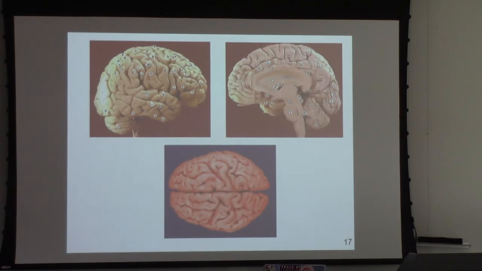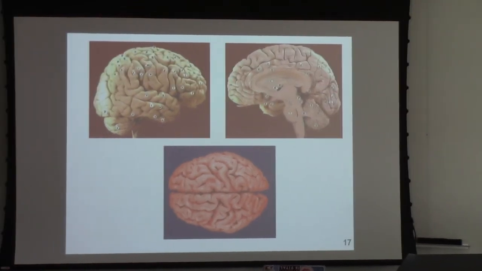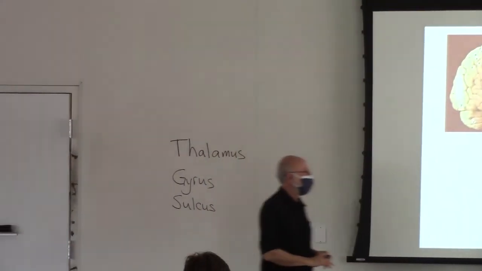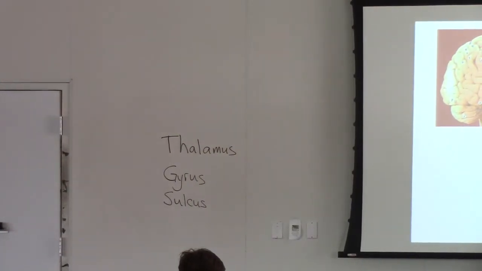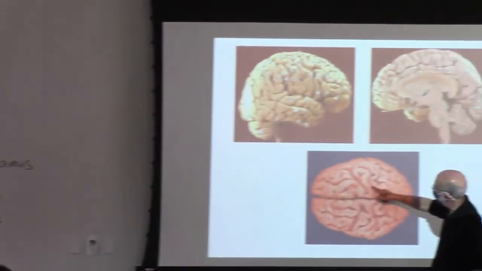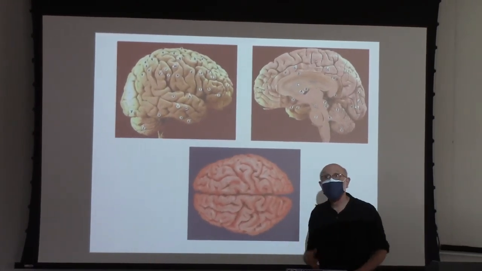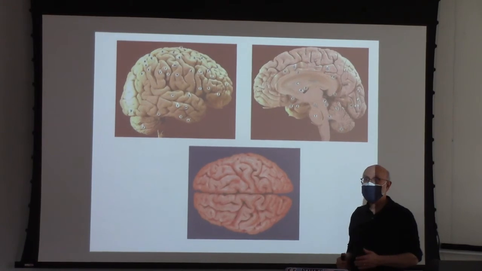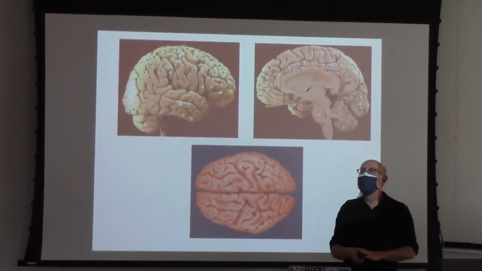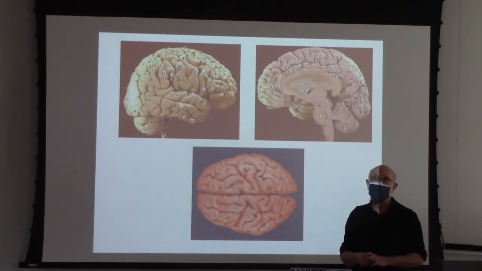So the gyruses are the lumps, and the folds between them, which are really called gyri in Latin, two gyri are separated by a sulcus. So that's an anatomical name. Gyrus and sulcus. So this is a gyrus, and this is a sulcus. Gyrus, sulcus. Some of these gyri and sulci are going to have names that I will want you to know, and some of them won't. Okay?